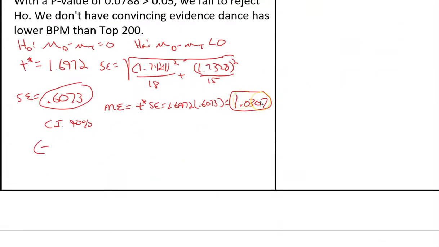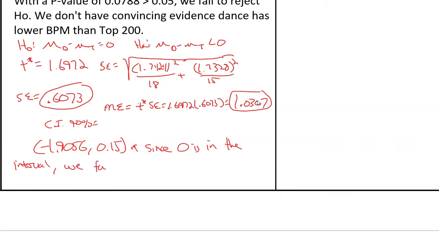Negative 1.9056 to 0.15 would be my confidence interval at 90%. And since 0 is in the interval, we fail to reject H0.